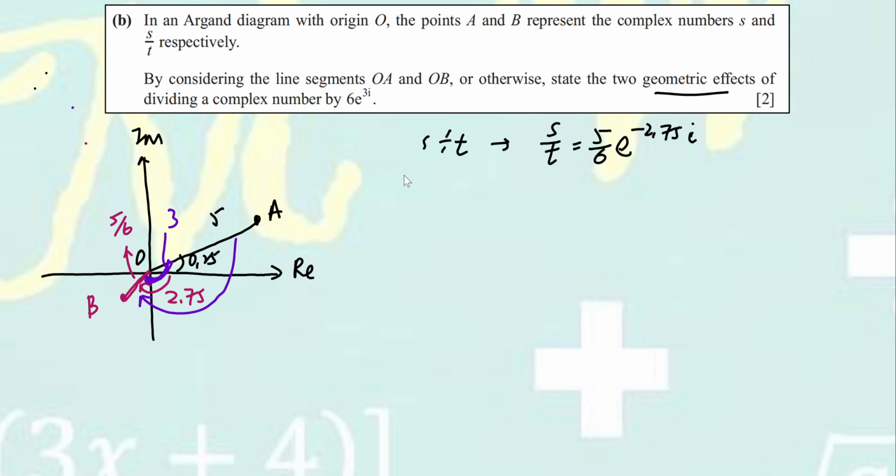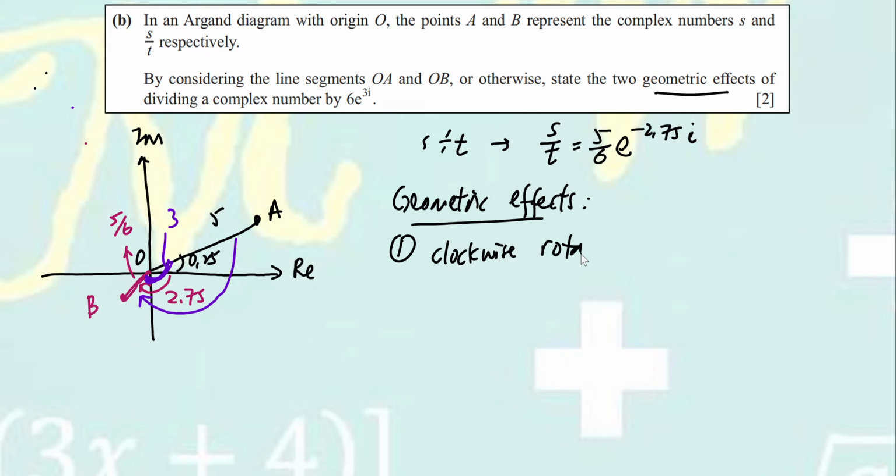So the geometric effects: first is a clockwise rotation of 3 radians. And then the second is the length.